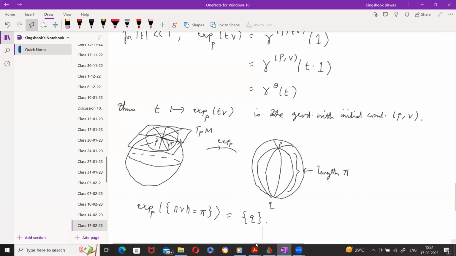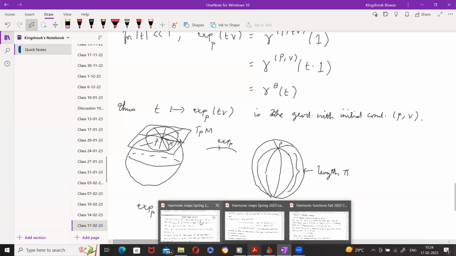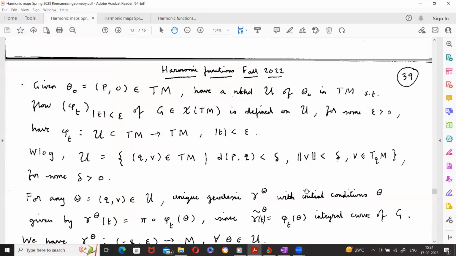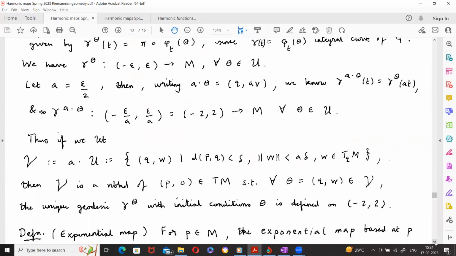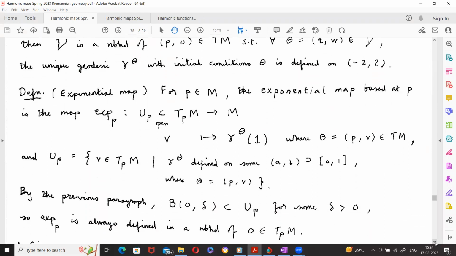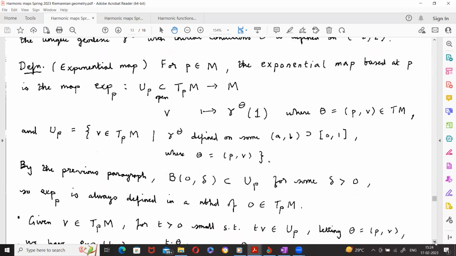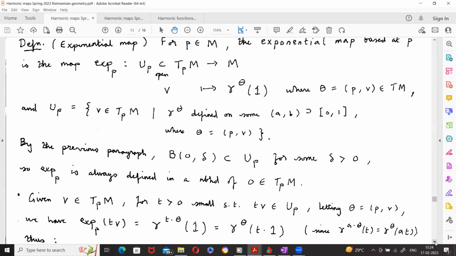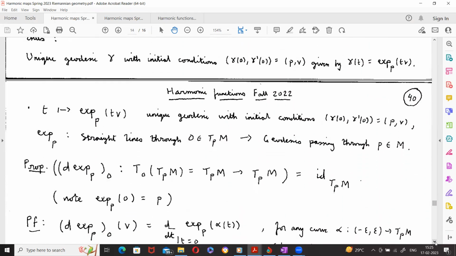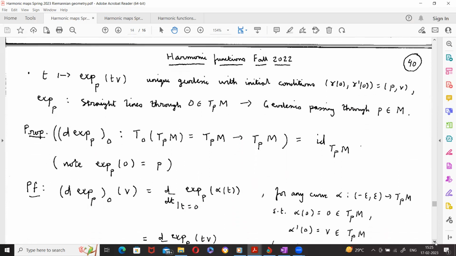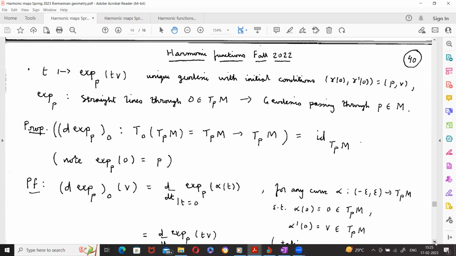Now, by the existence uniqueness theorem for ODEs, we know that solutions to ODEs depend smoothly on the initial conditions. So that will imply that the exponential map is smooth. Okay. The exponential map is smooth. So we can look at its derivative, therefore, at any point.